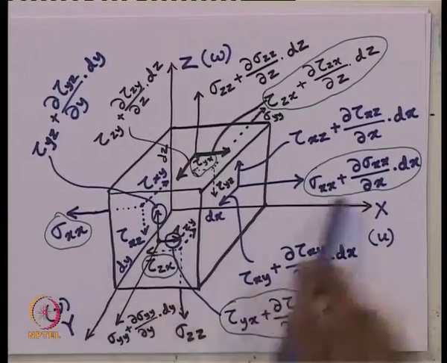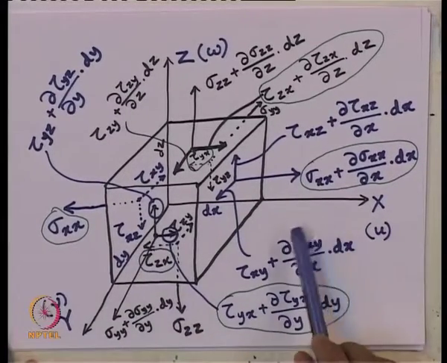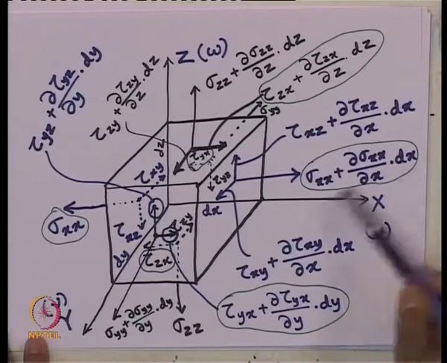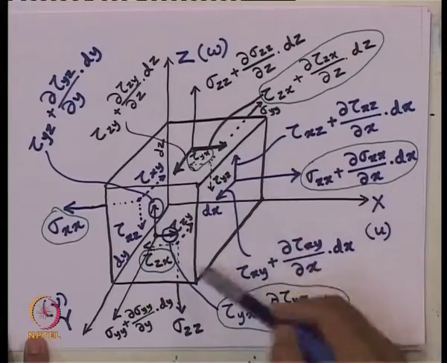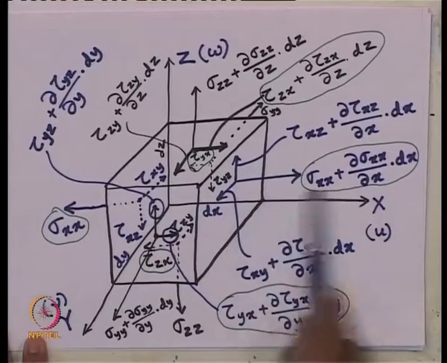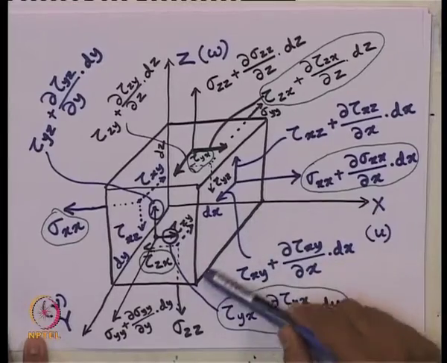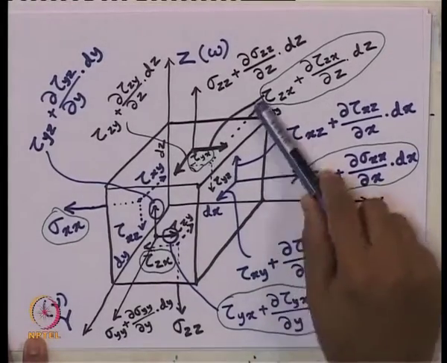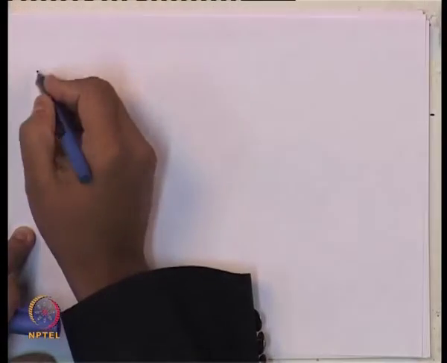If it is clear, let us write down the equilibrium equation. First, let us take these two normal stresses in x direction. The total normal force in x direction should be multiplied by the cross sectional area. What is the cross sectional area for this normal force on x plane? This is dy, this is dz. So, dy times dz is the cross sectional area. Let me write down this equilibrium equation in x direction.